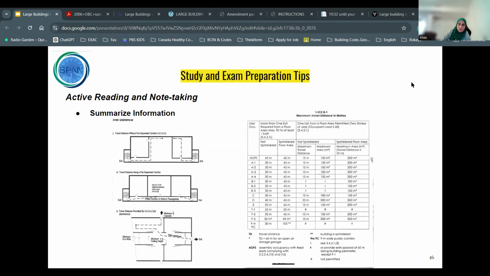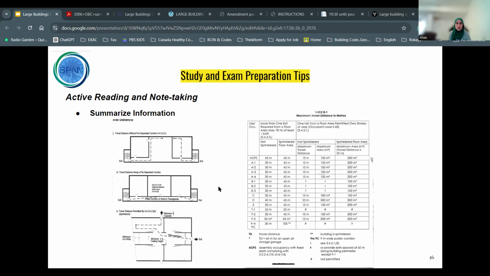Alia, we have a question from Lydia. Lydia is saying, you said it takes 3 to 6 months if you have prior knowledge of the other exams or the other parts. If you are already familiar with the code, it's also going to take 3 to 6 months? I'm thinking yes, because you already had that experience. Alia already took the legal and Part 9 exams, and it took her 3 to 6 months to take the large building exam while she was familiar.